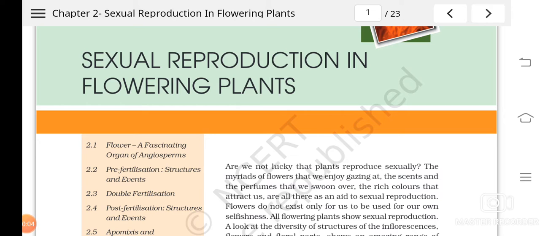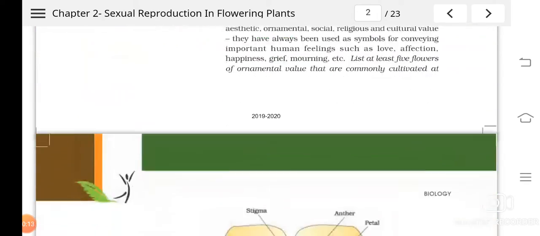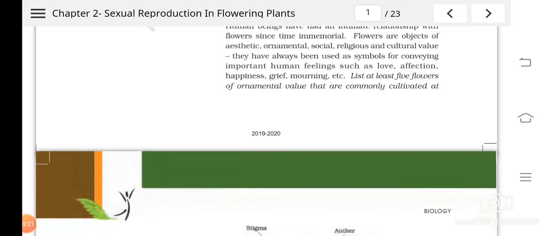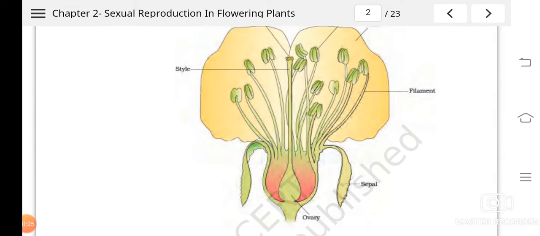So, we have completed the first chapter and today we are going to start the new chapter, that is sexual reproduction in flowering plants. So, you know the sex organ of an angiosperm is the flower, isn't it? And you have studied the parts of a flower in your smaller classes itself, isn't it?